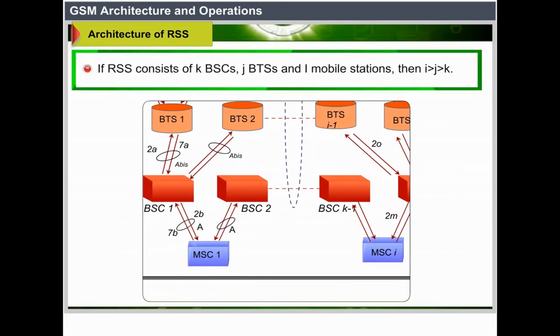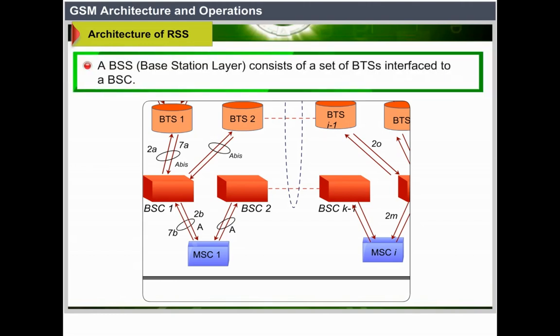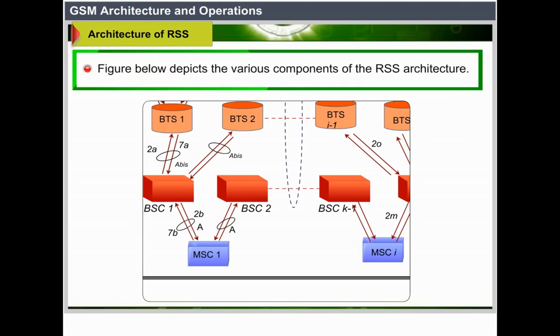If RSS consists of K BSCs, J BTSs and I mobile stations, then I is greater than J is greater than K. A BSS base station layer consists of a set of BTSs interfaced to a BSC. The figure below depicts the various components of the RSS architecture.